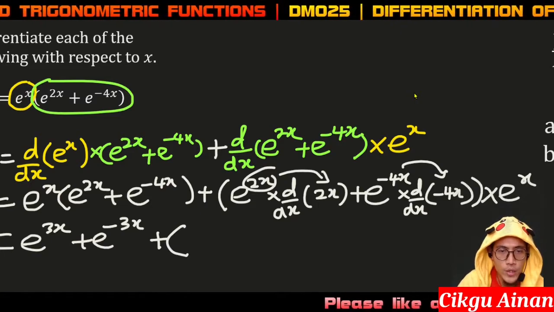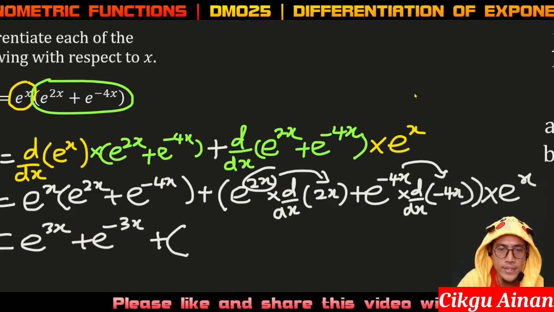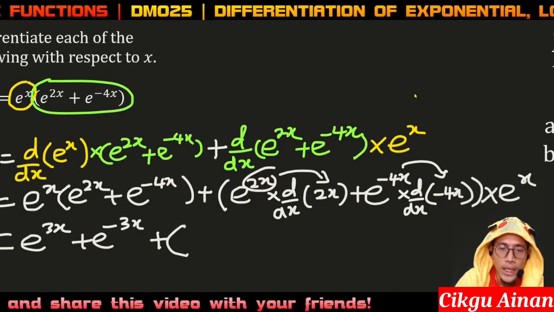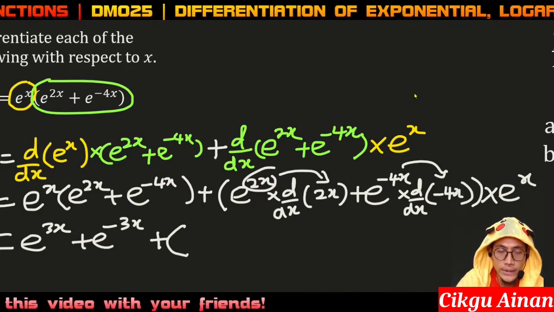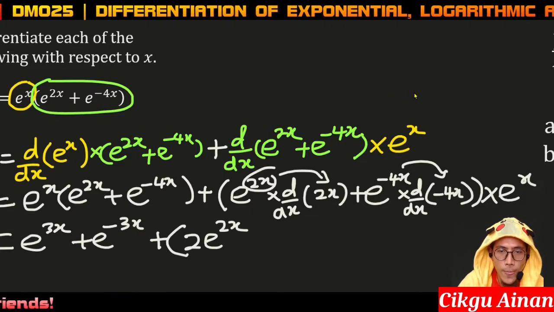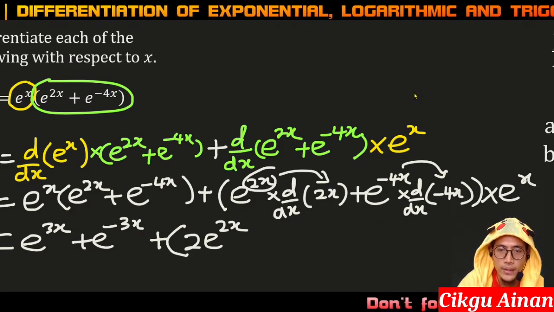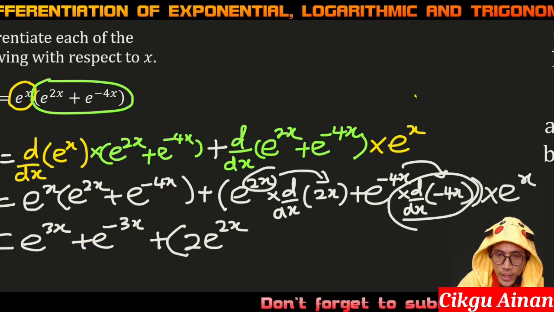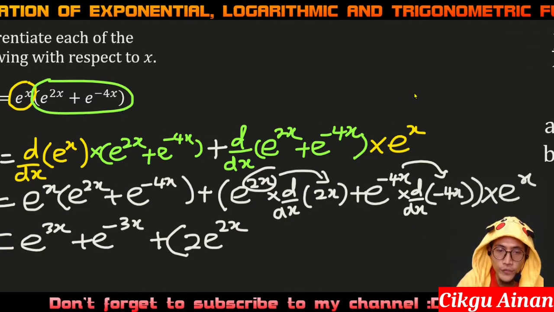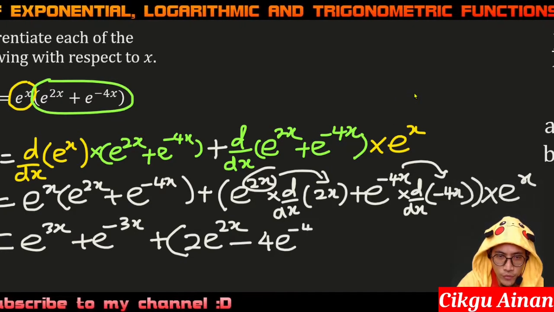So differentiate 2x with respect to x is 2. 2 is a constant, so we put it in front of the exponent: 2e^(2x). This one is settled. Now we differentiate this one. We have minus 4, a constant, which we can put in front of the exponent: minus 4e^(-4x).